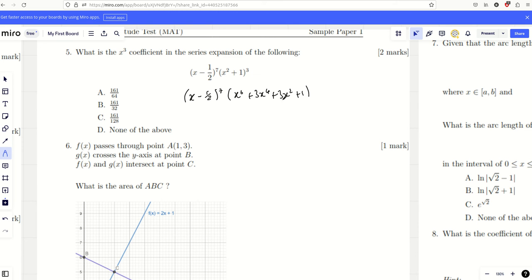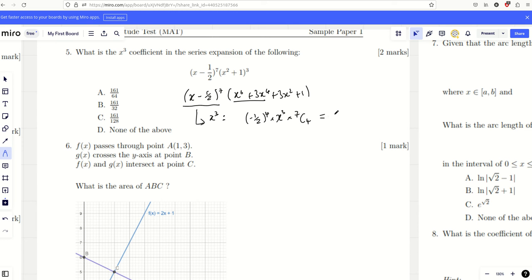Okay, and then I thought, well, how am I going to get an x cubed from this? Well, I can ignore these two terms. It's just going to be this term and this term. So I need the x cubed term here, times it by 1. Now, if I'm just looking at this bracket, how are we going to get that? Well, you're going to have minus a half to the power of 4, you're going to have x cubed, and then you're going to have 7 choose 4, 7 choose 3, whatever you prefer.